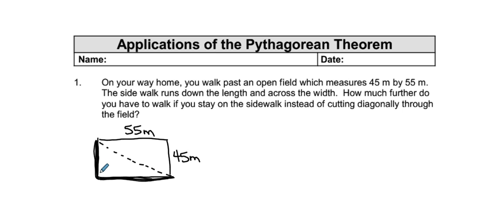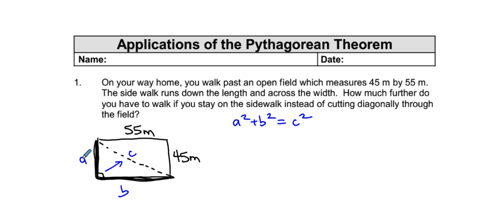We're going to assume that it's a perfect rectangle so that it forms a 90-degree angle in the corners. And so the next thing we want to do is to label our sides. Always across from the right angle is your hypotenuse, which we label C, and the other two sides are A and B. Pythagorean theorem says that A squared plus B squared is equal to C squared.